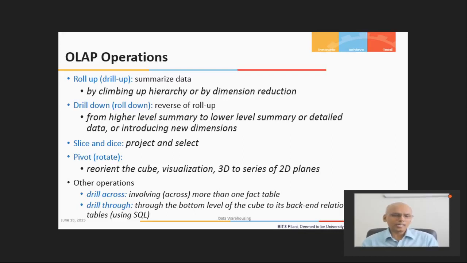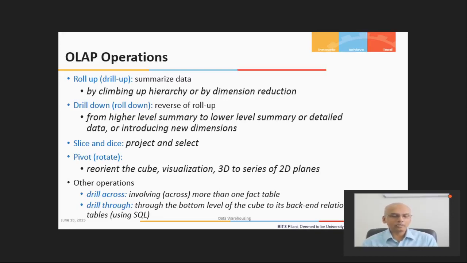That is, you summarize the data. Say I wanted to look at the data first by SUVs and colors. That is what we had seen initially. Then you say I want to see the SUV sales for all the colors put together. So what you are doing is a roll-up. You are adding up all the color information for SUV, and then you get the summary.